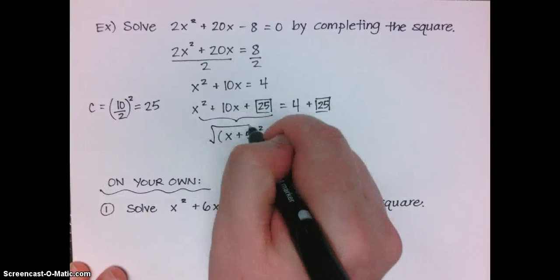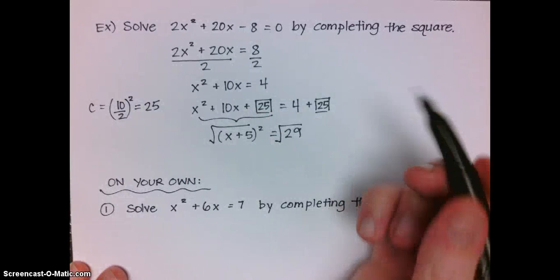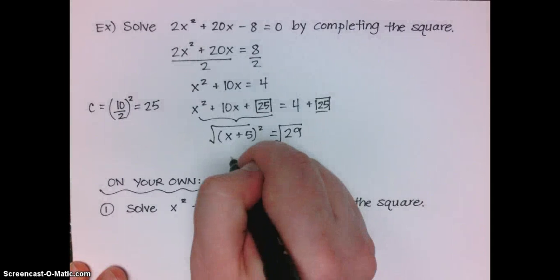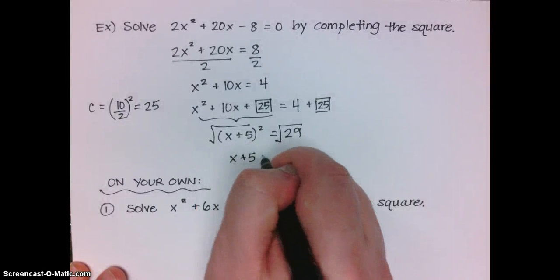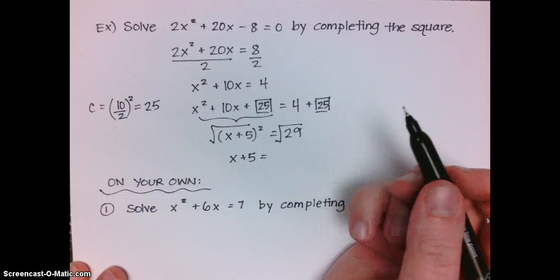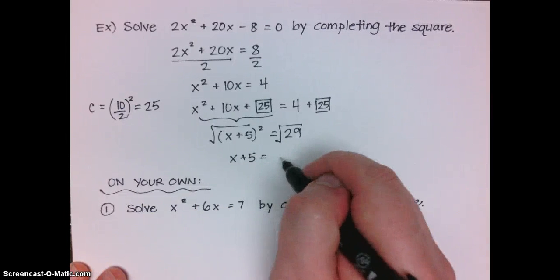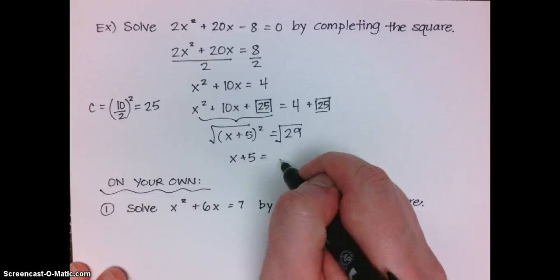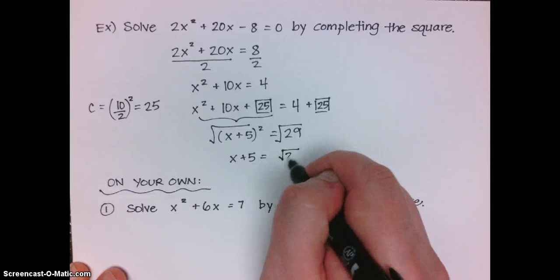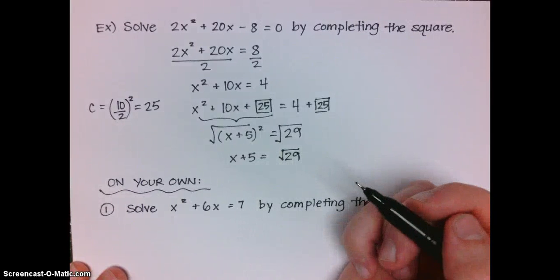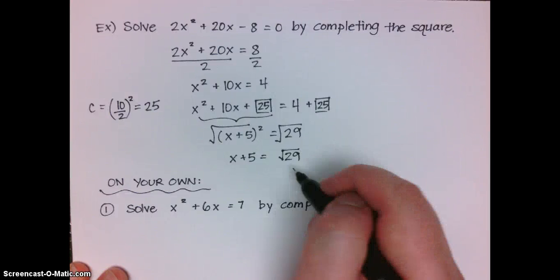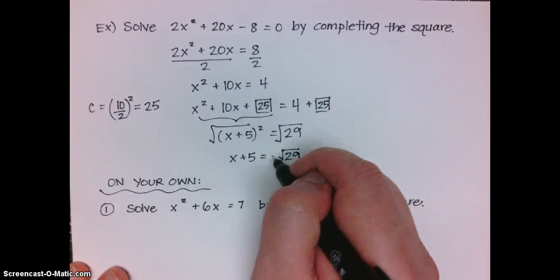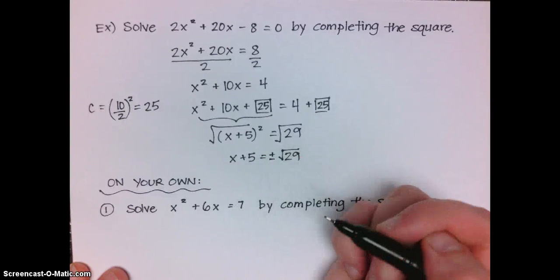Let's get rid of this exponent by taking the square root on both sides. And now you're left with x plus 5 is equal to the square root of 29. Oh, that is something that's a little tough, I'm not going to lie. I'm going to have to get out my graphing calculator for that because I don't know what that really is, but I do know it's going to be plus or minus.